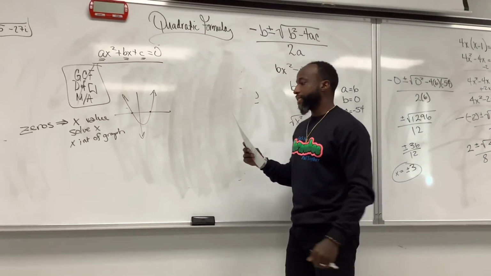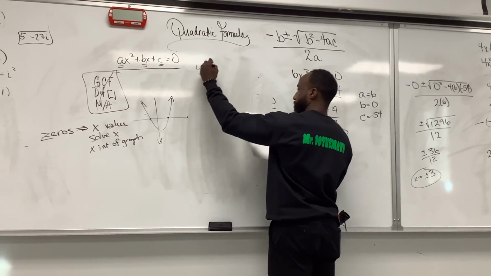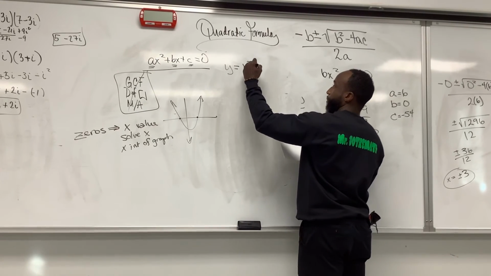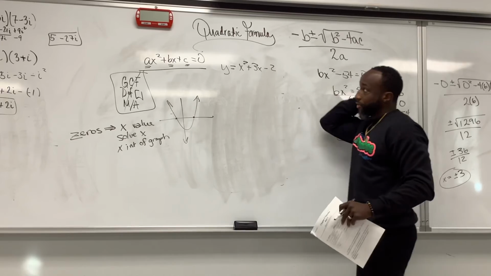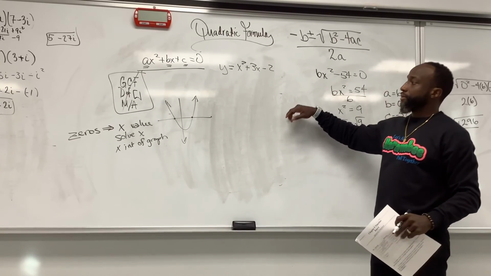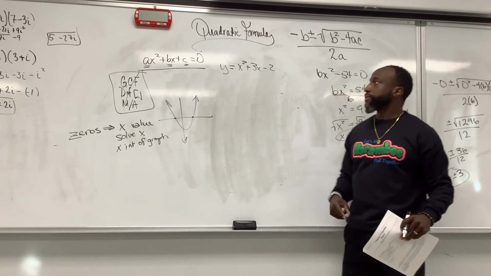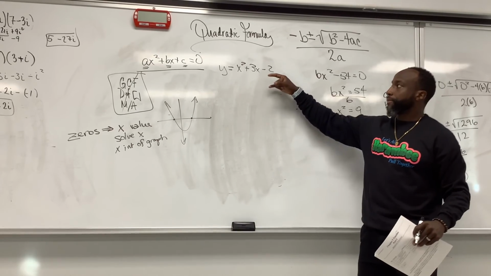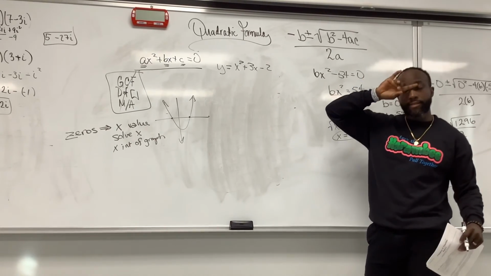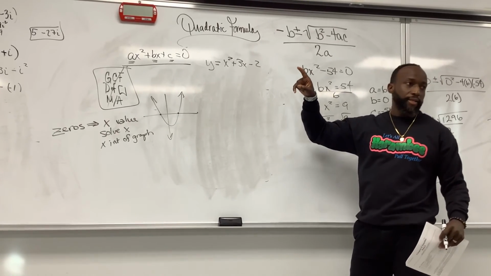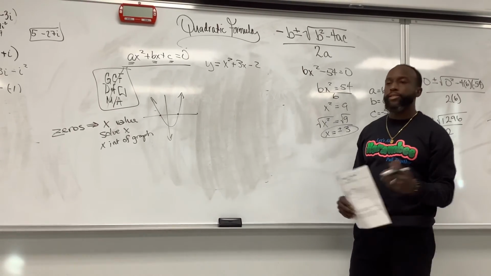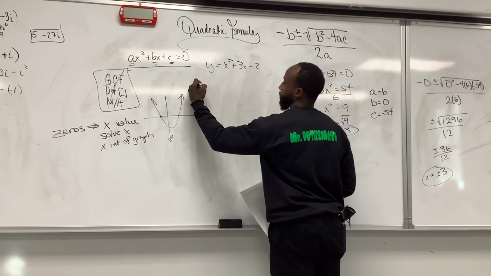And so when they say y equals x squared plus 3x minus 2, we want to find the x's or the zeros. Can we factor this? What are the factors of negative 2 that add to 3? Nah, right? So let's use the quadratic formula.